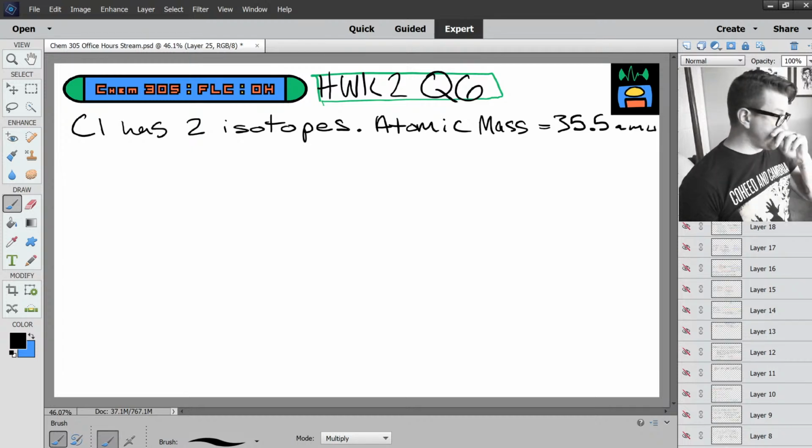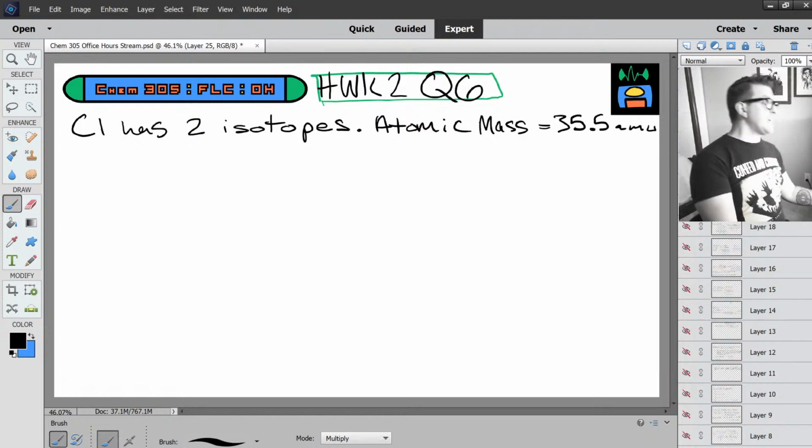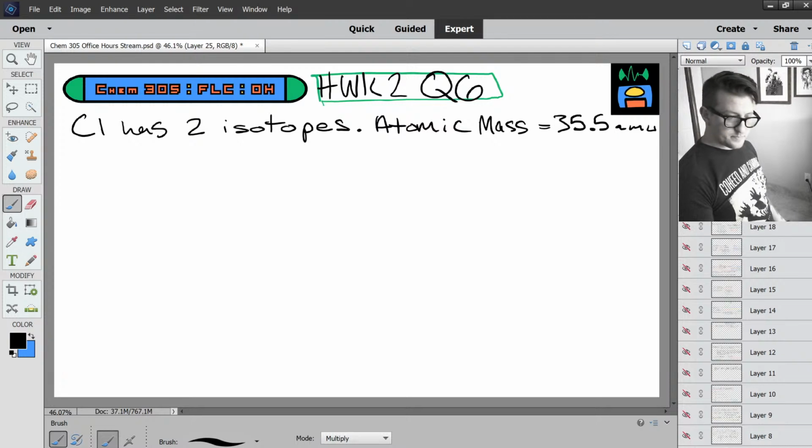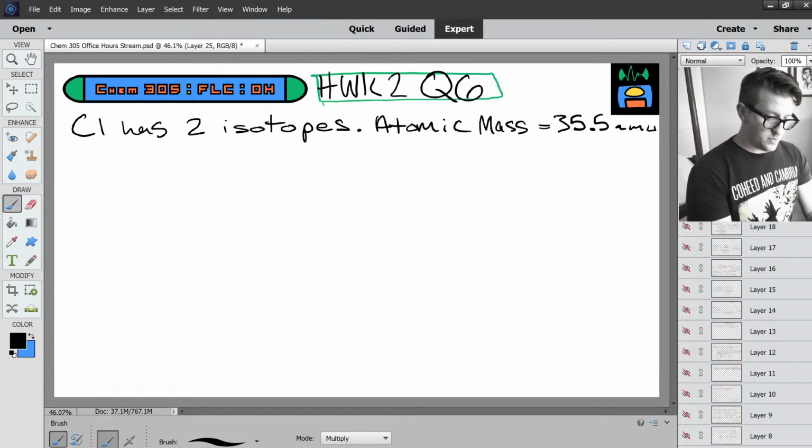All right, so with this one, we're told there's 2 isotopes, atomic mass of 35.5 AMU.